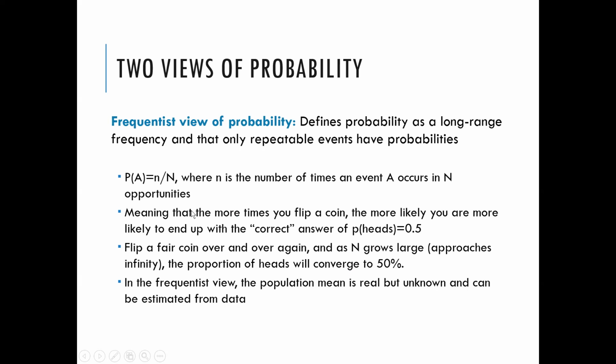So what does long range mean? That means, for example, if we flip a fair coin, the more times we flip a coin over and over and over again, the more likely you are to end up with the quote correct answer. So if we flip a coin, let's say 5 times, 10 times, 100 times, eventually that frequency that we observe should start to approach 0.5.